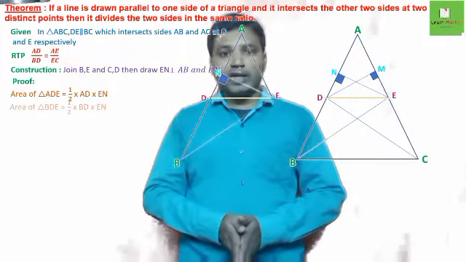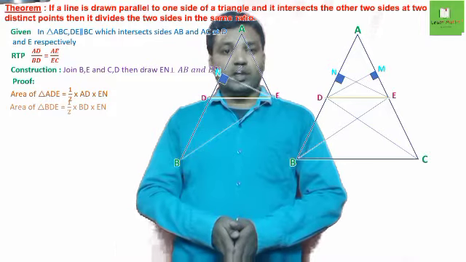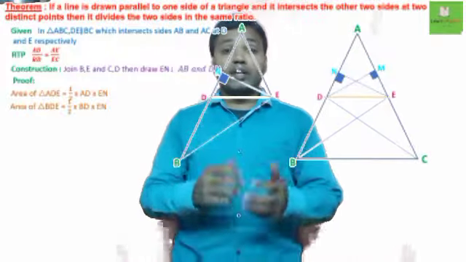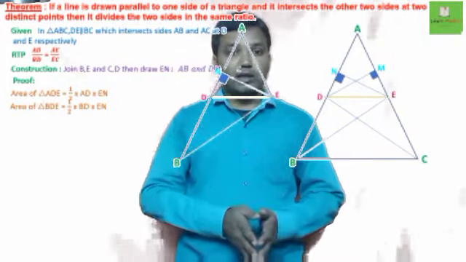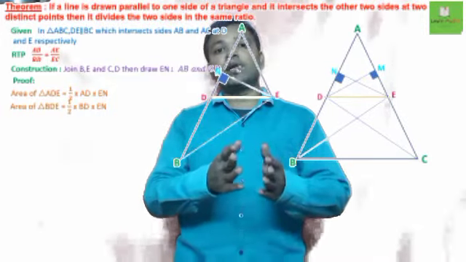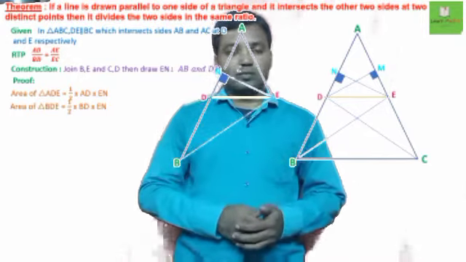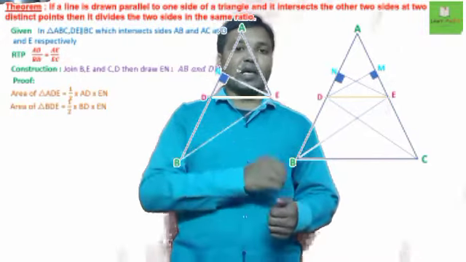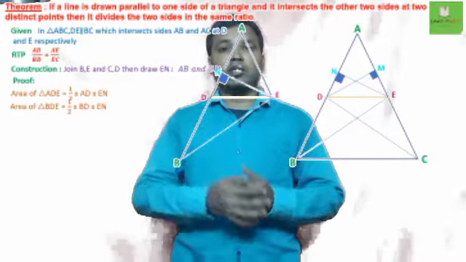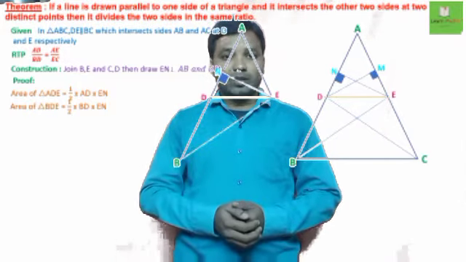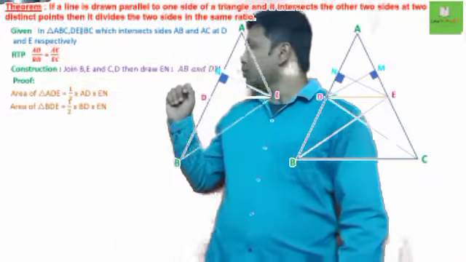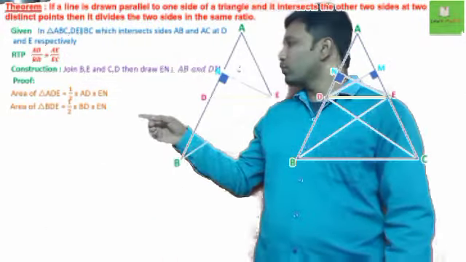In triangle BDE, BD is the base, and the altitude is drawn onto that base line segment outside of the triangle, which is again EN. Applying these terms in the area formula, the area of triangle BDE is equal to half into BD into EN.